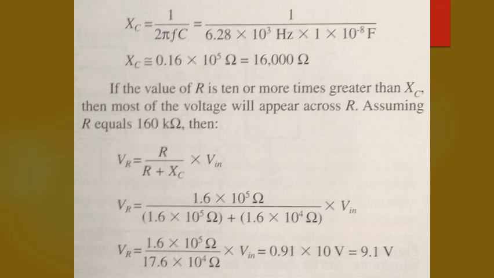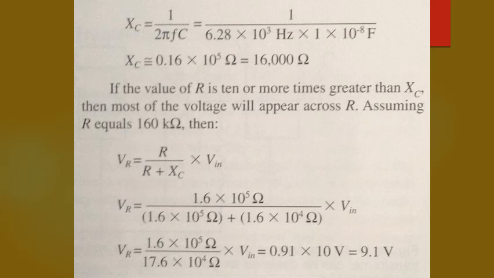That's the capacitive reactance. If the value of R is 10 or more times greater than XC, then most of the voltage will appear across R, assuming R equals 160 k ohms. That is 16,000 k ohms. Excuse me, that's 16,000 ohms.